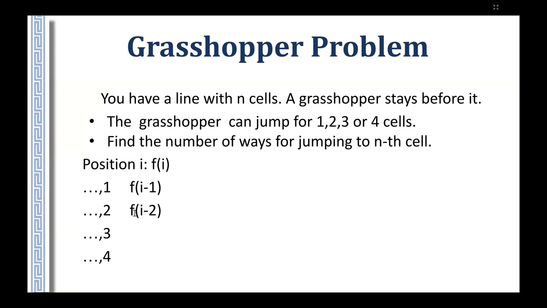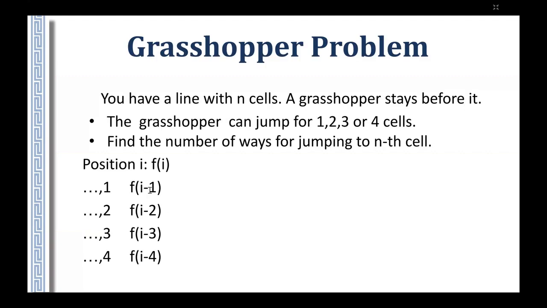In the same way, we can understand that the number of ways to come to position i such that the last jump is 2 is exactly Fi-2, because first we should come to position i-2 anyway, and then jump to our position i from this cell. And the number of ways to come to position i-2 is exactly Fi-2, and so on.